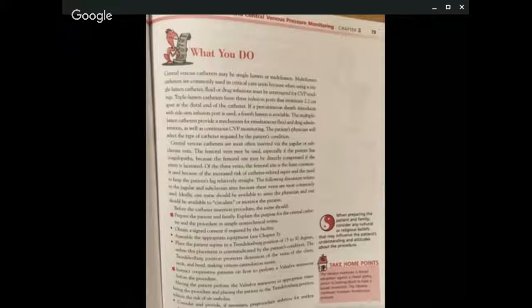Having the patient perform the Valsalva maneuver at appropriate times during the procedure and placing the patient in the Trendelenburg position reduces the risk of air embolus. Consider and provide, if necessary, pre-procedure sedation for restless patients.